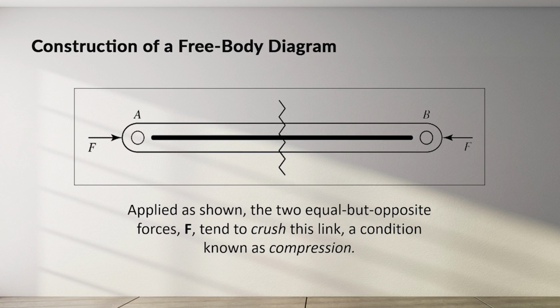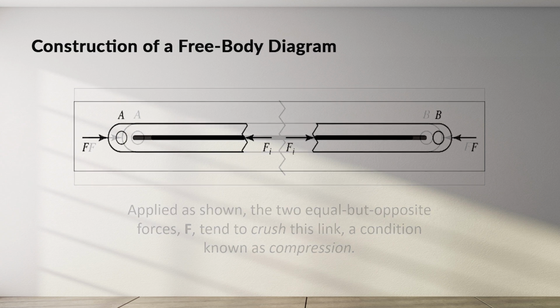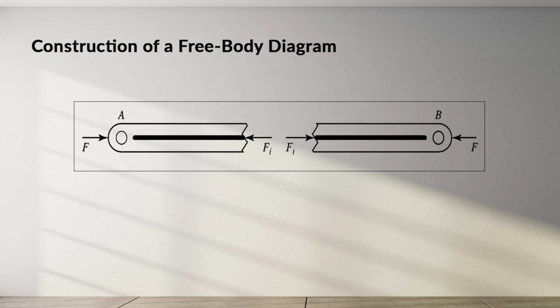Free body diagrams can also be used to find the internal forces carried by an object. Consider the rigid weightless link AB in equilibrium. An imaginary cut through the link at any cross-section along its length causes the internal forces exerted by each piece of the link on the other to appear as an equal but opposite pair, Fi.